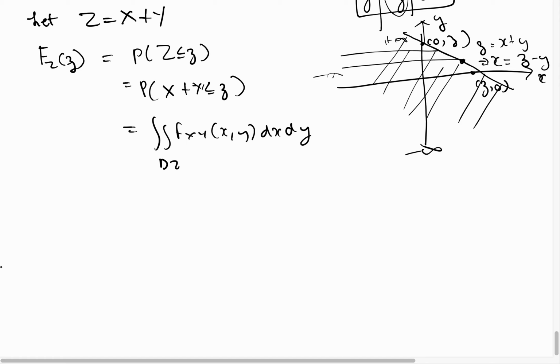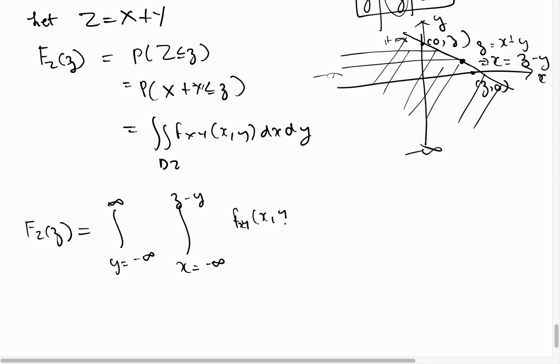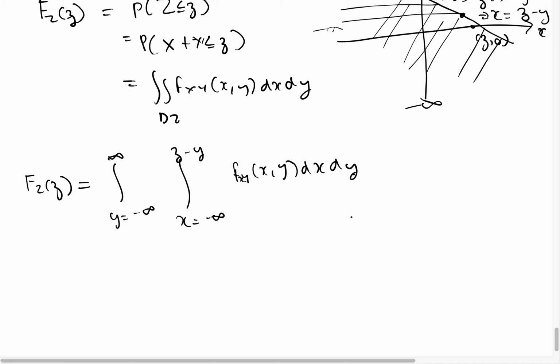So if I have to integrate this, let me just write F_Z(z) again. It's going to be the integral for y from minus infinity to plus infinity, and the integral for x from minus infinity to z minus y, of f_XY(x, y) dx dy.